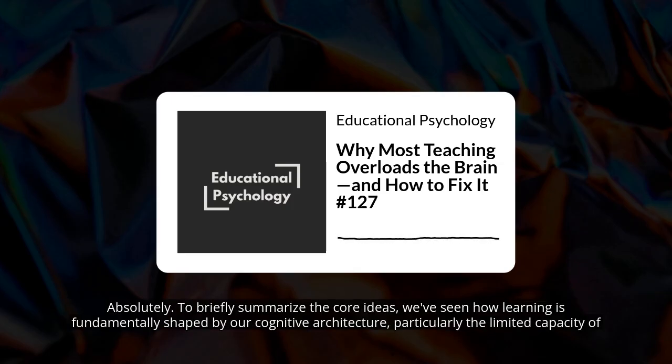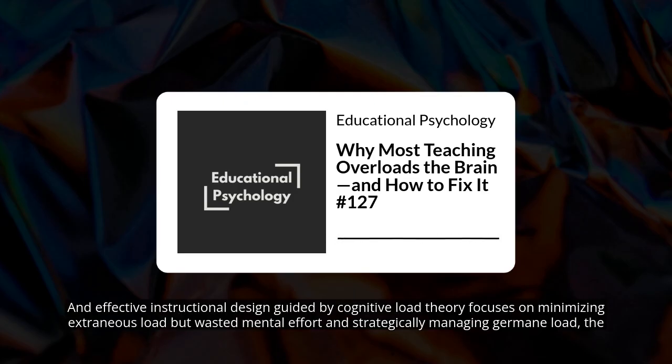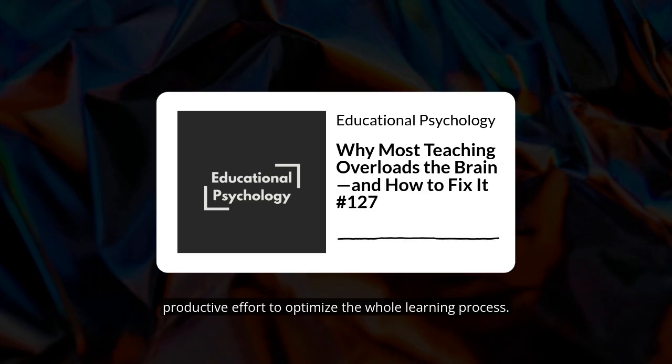To briefly summarize the core ideas, we've seen how learning is fundamentally shaped by our cognitive architecture, particularly the limited capacity of working memory and the critical role of long-term memory storing knowledge as schemas. Right. And effective instructional design, guided by cognitive load theory, focuses on minimizing extraneous load, the wasted mental effort, and strategically managing germane load, the productive effort, to optimize the whole learning process.